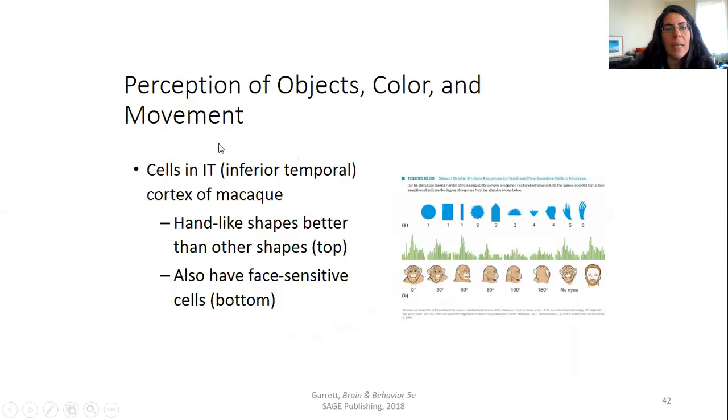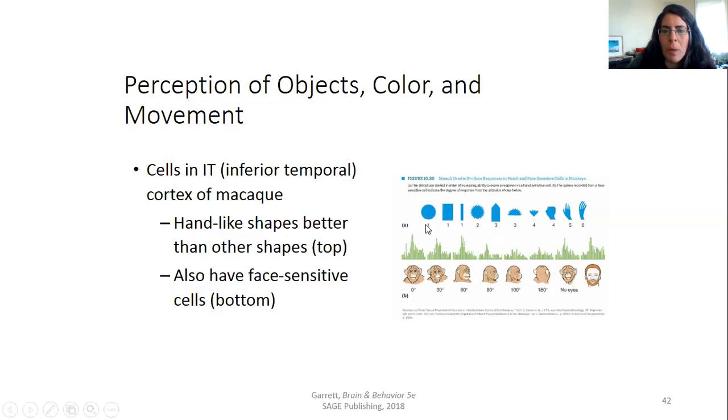Okay, so cells in this area, we've looked at cellular response, timing, amount of firing in the cortex of macaque monkeys. And what we've seen is that if we put an electrode in a cell in this area of a monkey cortex and show them different shapes, we can look at how much that cell responds to the stimulus.